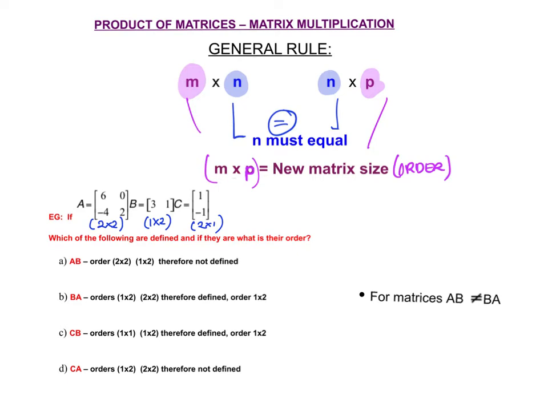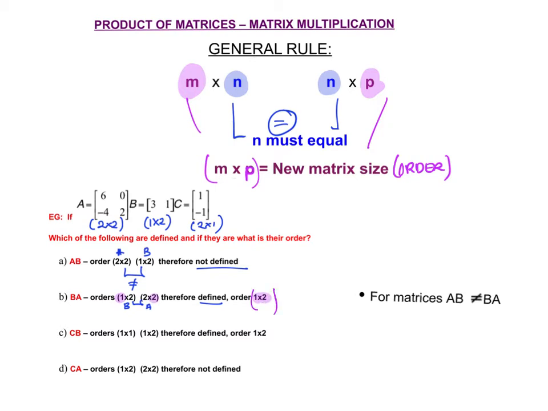If you look here, I've put the order of A and the order of B. They are not equal, so it's not defined. I just showed not defined. If you look at B times A, they are equal, so it is defined, and you can see the order is going to be a 1 by 2, which I've put there.